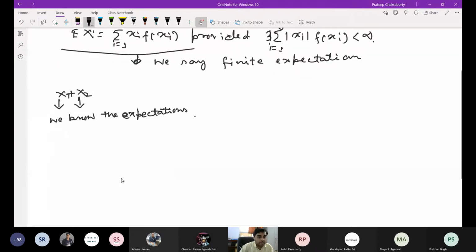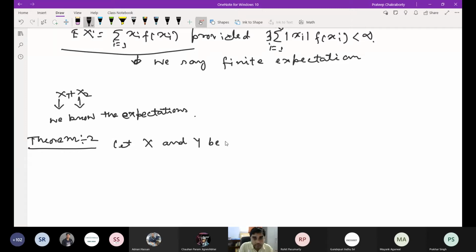For that we have these results, which was theorem 2. I again state the result. Let x and y be two random variables with finite expectations.